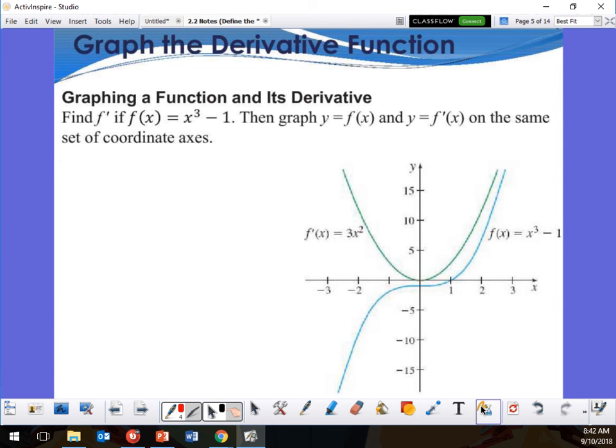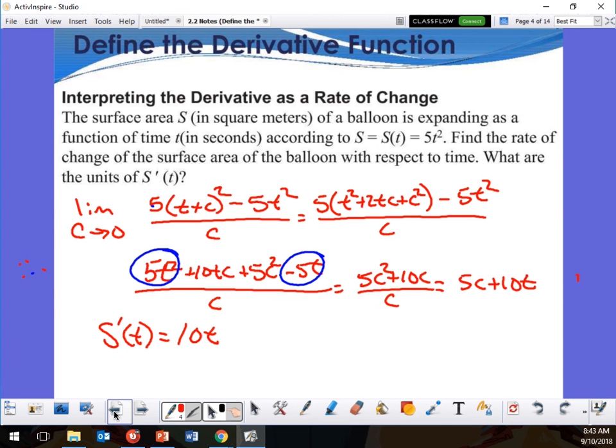Okay. Find f prime if f of x is equal to x cubed minus 1. All right, so I already have it here for you. Now, I want to take a look at my previous one. Was it 5t squared, right?